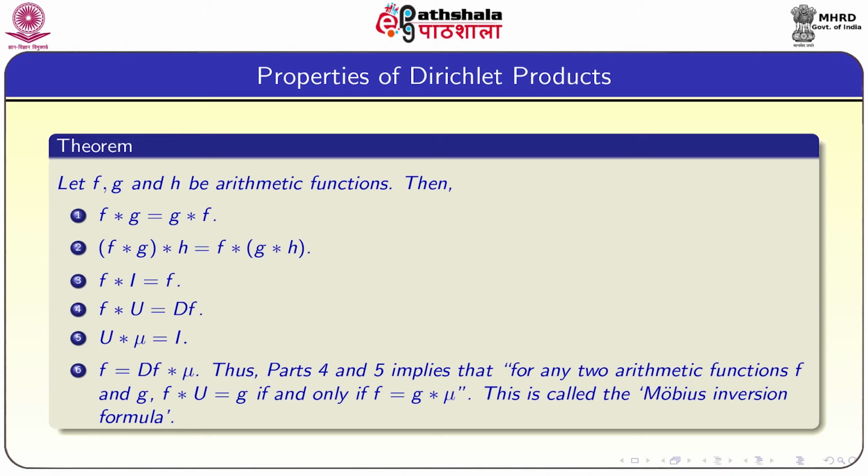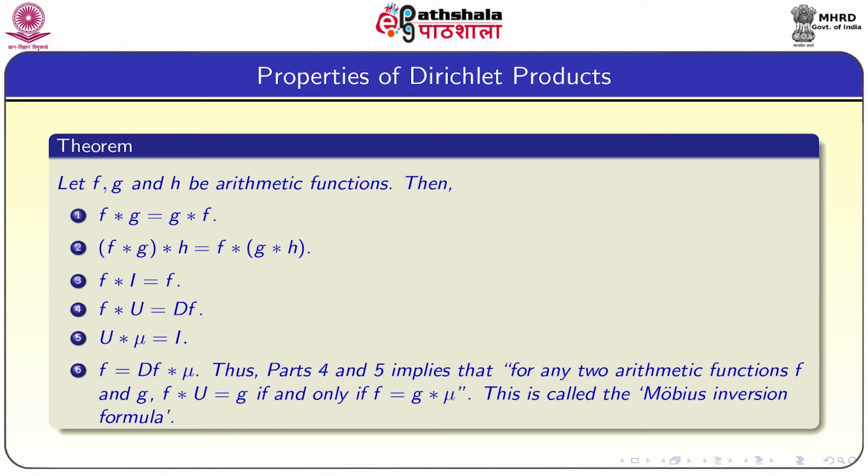Recall I is defined as I of n is equal to 1 if n is equal to 1, otherwise it is 0. So, I is a multiplicative identity. Here multiplication means Dirichlet multiplication, the convolution product. And another interesting result is f star u. Again recall u of n is equal to 1 for all n.